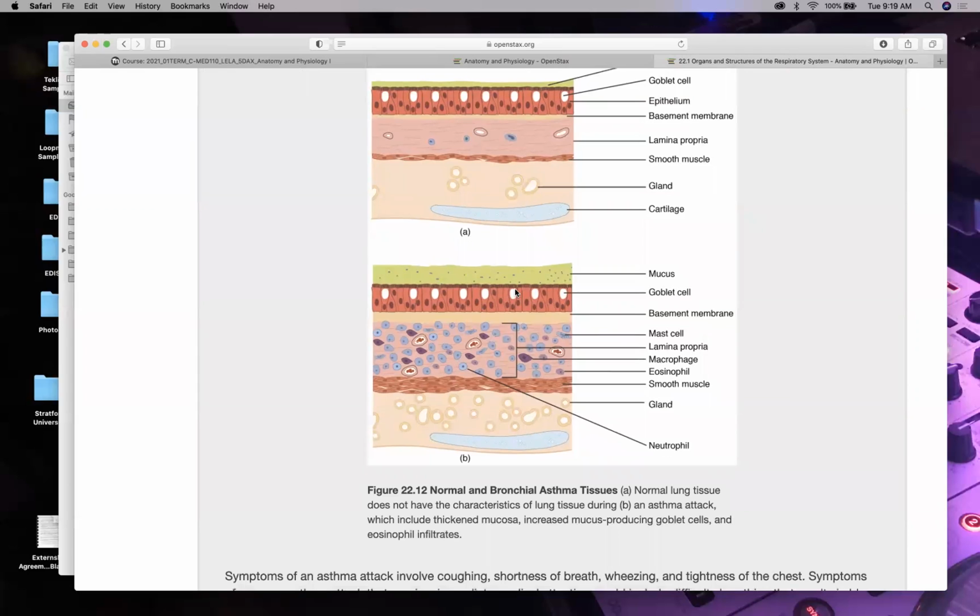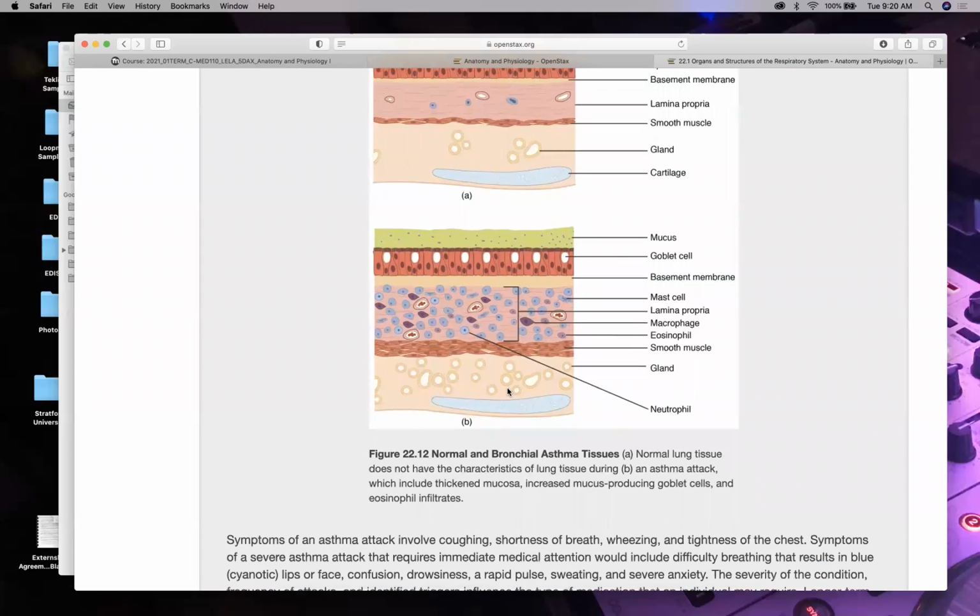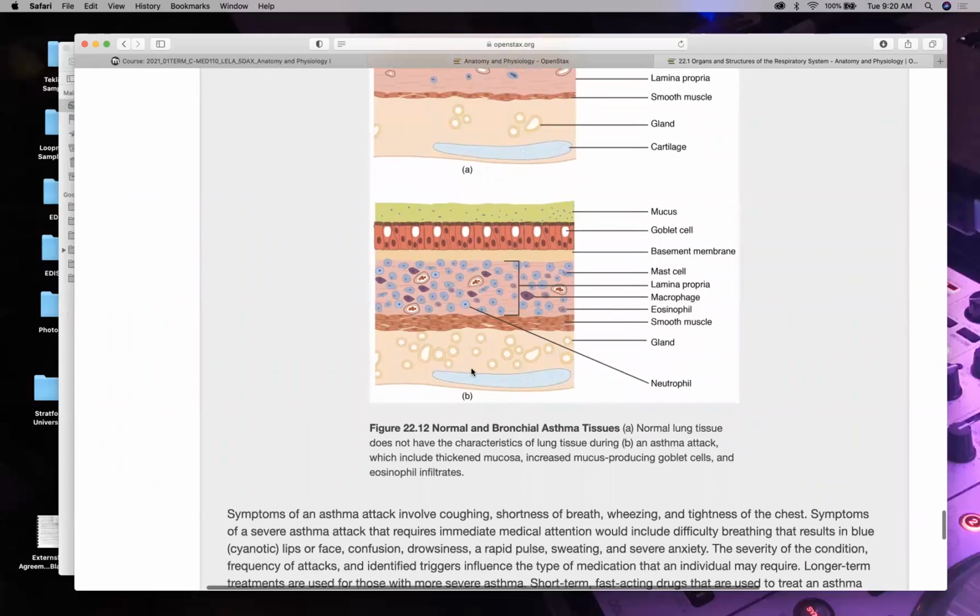But if some dust kicked up in an asthmatic's face, that asthmatic patient will have a much more sensitive immune reaction. It will increase its mucus, increase its inflammation, and increase a whole bunch of white blood cells, and then you'll have greater inflammation.